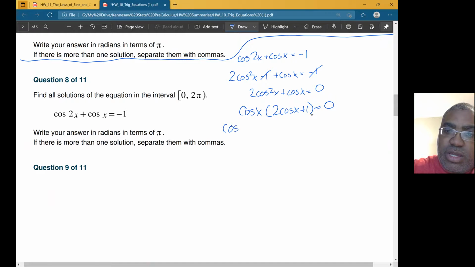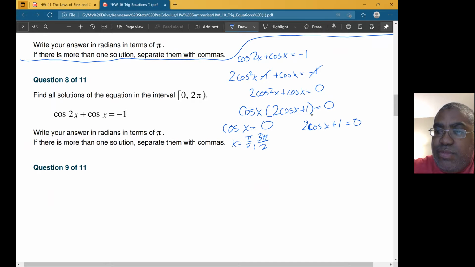So cosine x is equal to 0. We know that x is equal to pi over 2 and 3 pi over 2. All right, 2 cosine x plus 1 is equal to 0. We know that 2 cosine x is equal to -1.